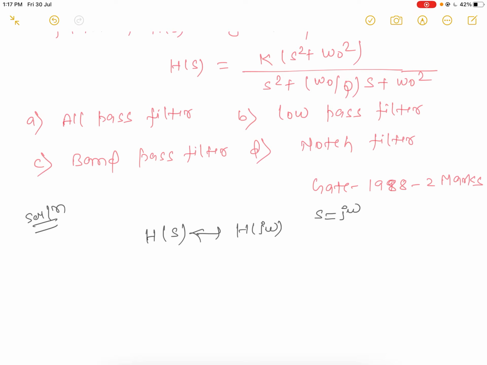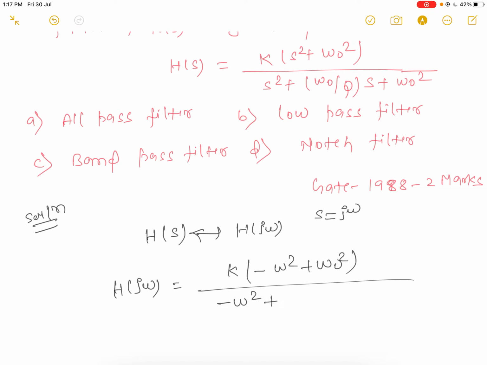First convert it: k(minus omega square plus omega naught square) upon (minus omega square plus j omega omega naught/Q plus omega naught square).